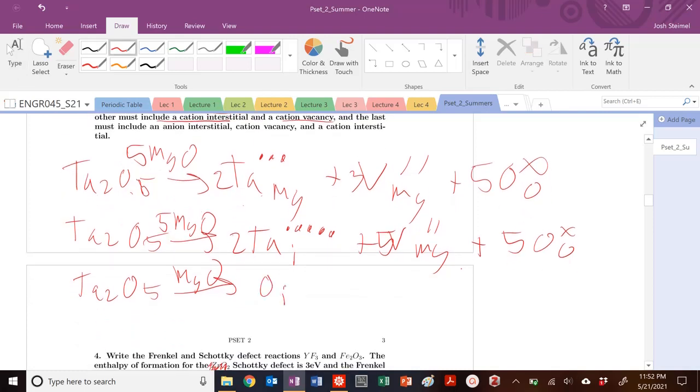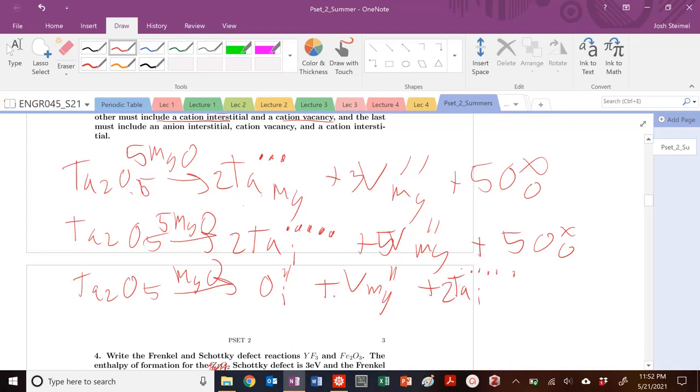And then finally, the last one must include an anion interstitial. So oxygen interstitial, I need a cation vacancy. So a vacancy in my cation, which would be minus 2. And then I also need a cation interstitial. So I need to put basically a Ta cation interstitial. So this is 1, 2, 3, 4, 5. I need to put 2 here.